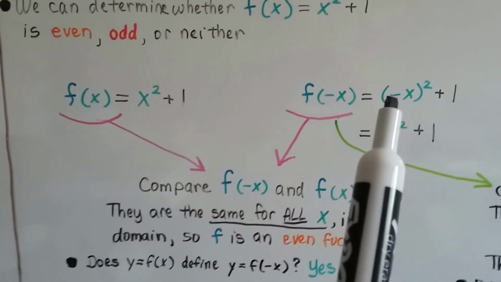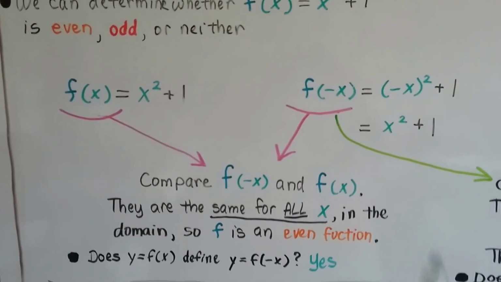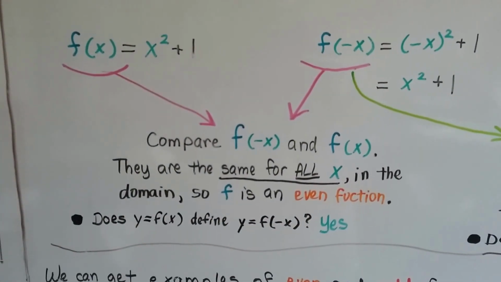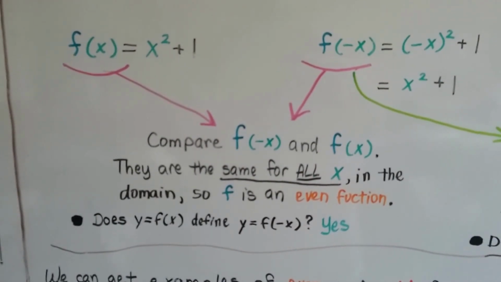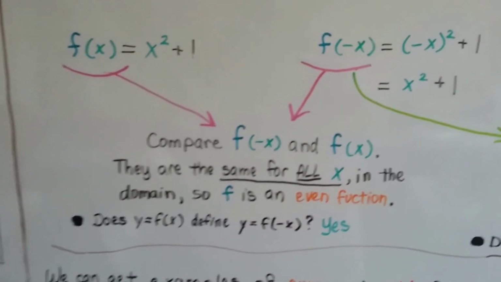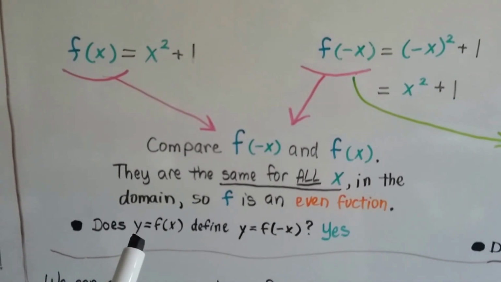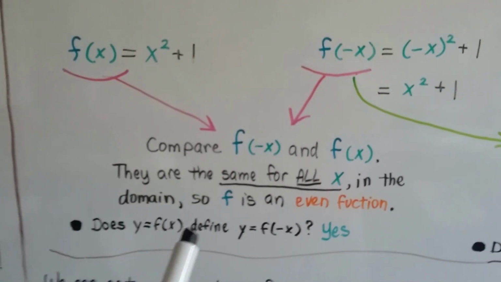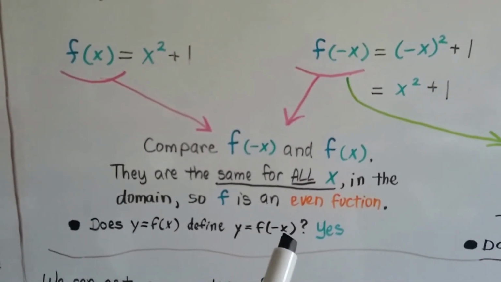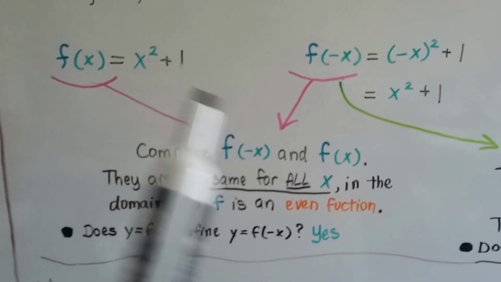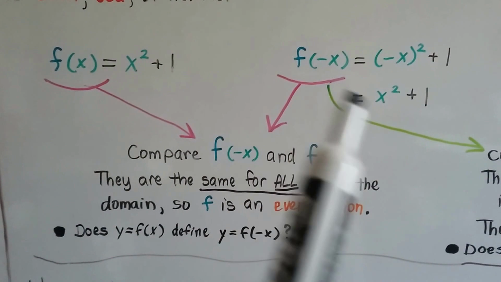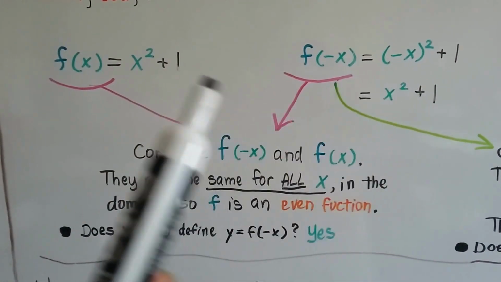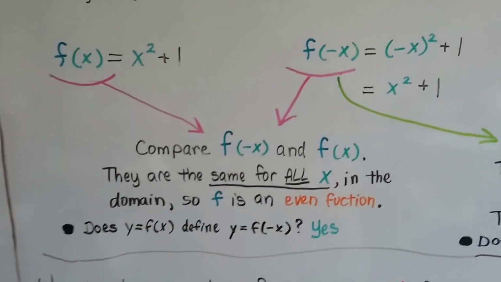So that means we would have the inverse of x squared plus 1. So we compare these two, and they are the same for all x in the domain, so the function is an even function. Because we ask ourselves, does y equal the function of x define y equal the function of the inverse of x? Yeah, because when we simplify this, we get x squared plus 1. See? The same thing. So we know it's an even function.